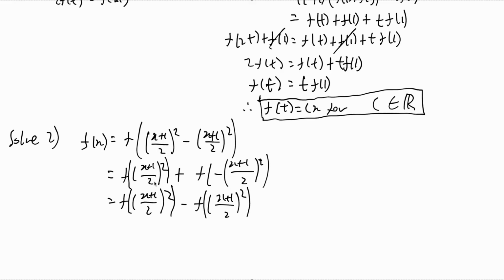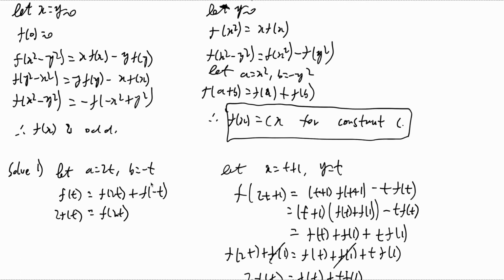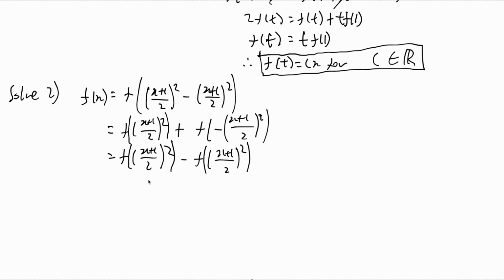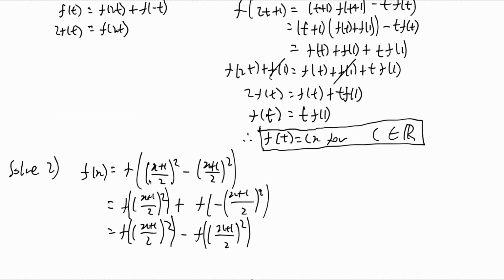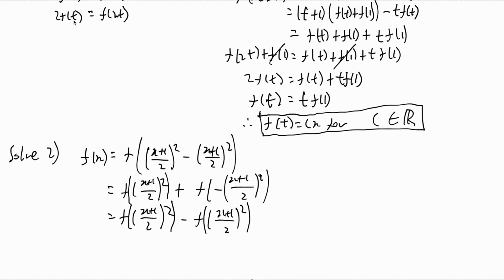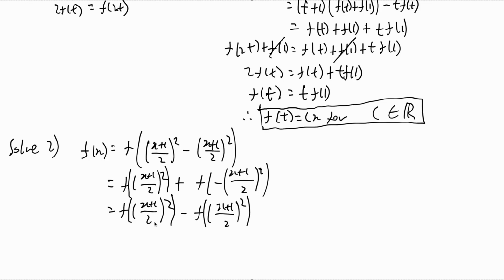And I think what we should do here is try and utilize this fact right here. Notice that we have 2 right here, and no one really likes the 2 there, so we don't want the 2 in the denominator.